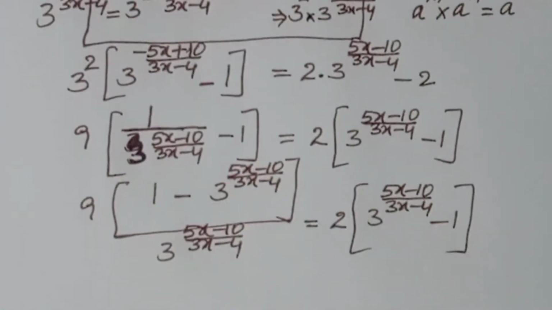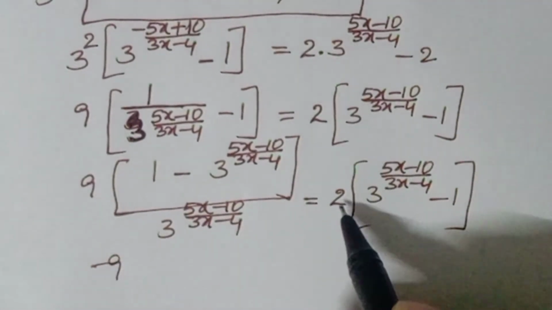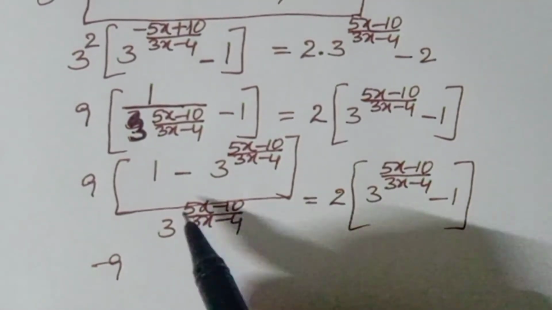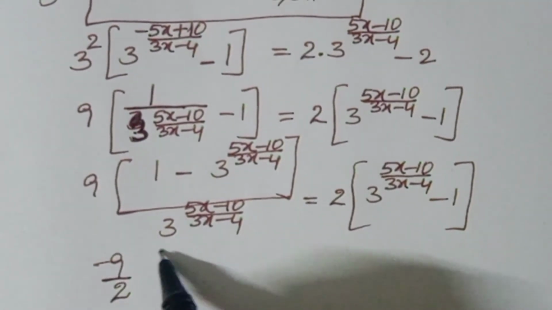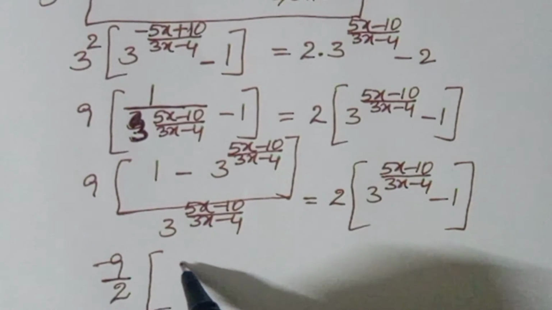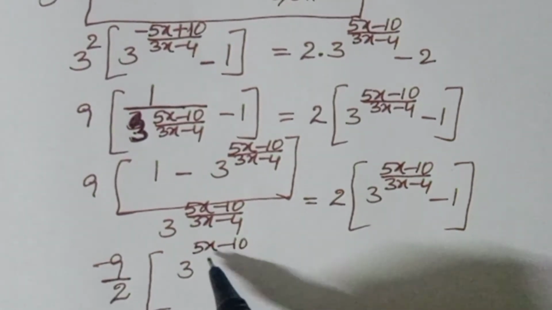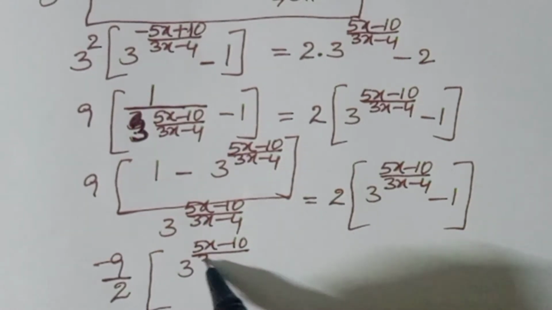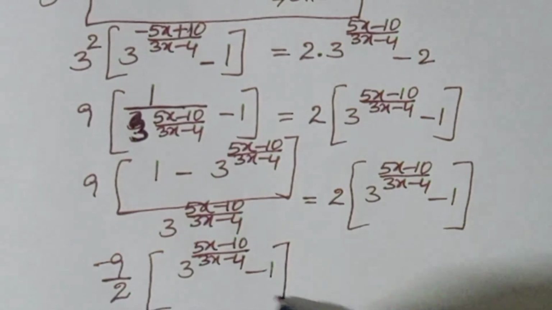Now here we are taking minus common in this case, and 2 also we are sending that side: 9 by 2, bracket 3 to the power of (5x minus 10) by (3x minus 4) minus 1.